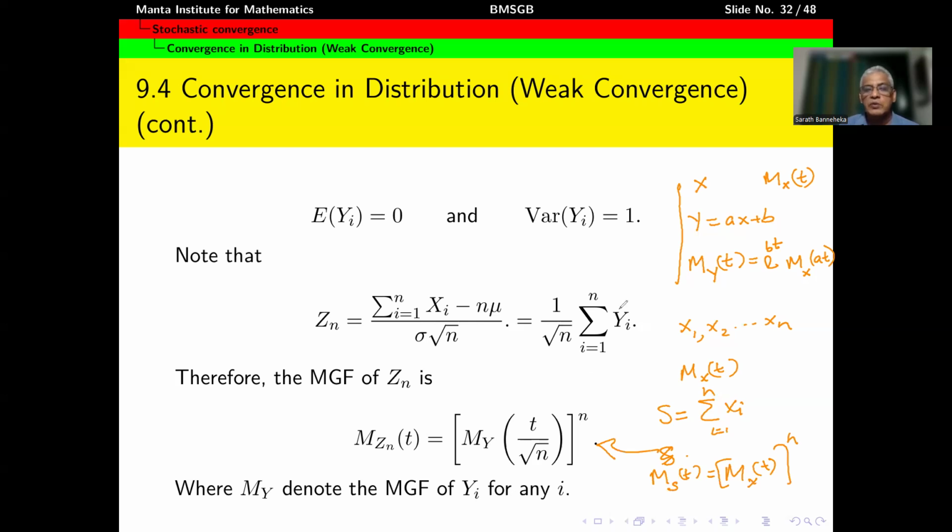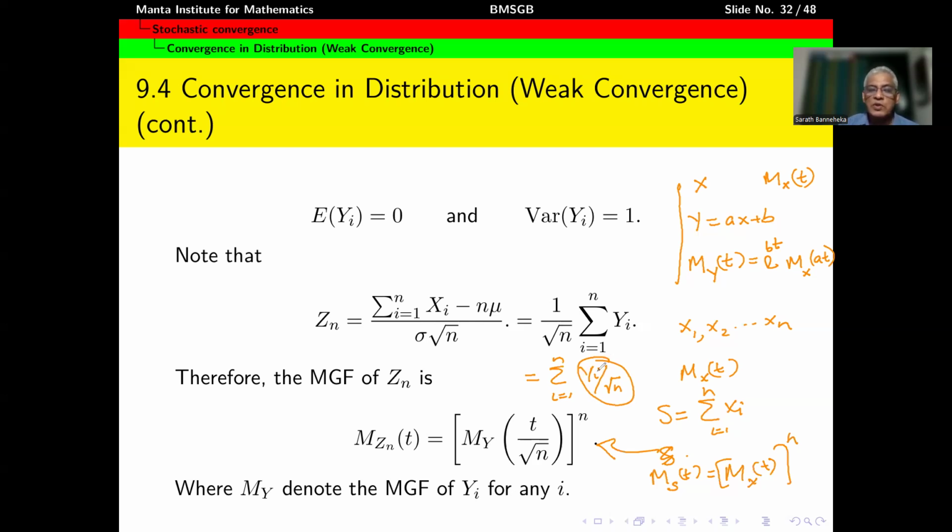Here we can write this thing as the summation, i from 1 to n, of Yi divided by root n. So we have a summation of several random variables. Each Yi has the same distribution, so Yi divided by root n also has the same distribution, and each of those will have the same moment generating function.